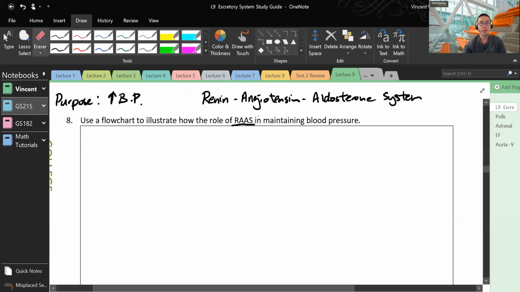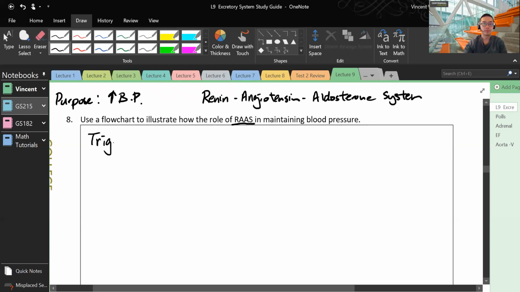So here we go. Trigger. There is a drop in blood pressure. Why? Can someone tell me why you might experience a drop in blood pressure?